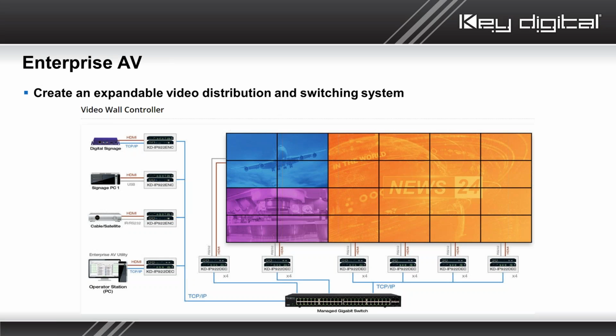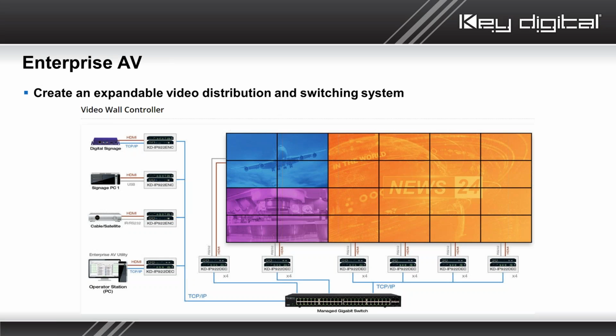IP922 can also be a video wall controller. So we look here, one decoder is needed per display, and we'll certainly go into more details on this, but essentially this is a system where you have your 4 video sources, and you could watch any of the 4 selected sources across all of the displays.